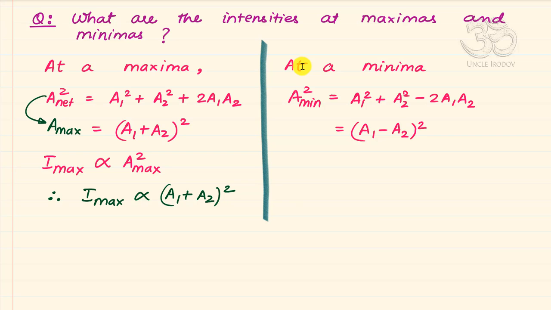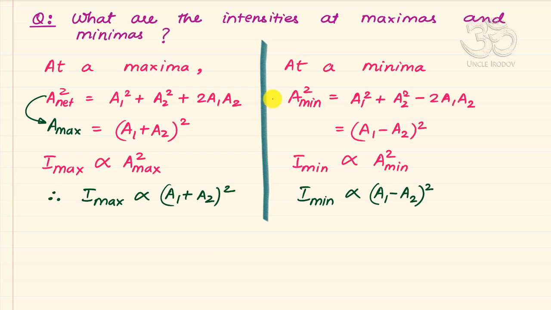And so the intensity at a minima should be proportional to this A min square. So that means you're going to have I min proportional to (A1 minus A2) whole square. So let's keep that in mind.